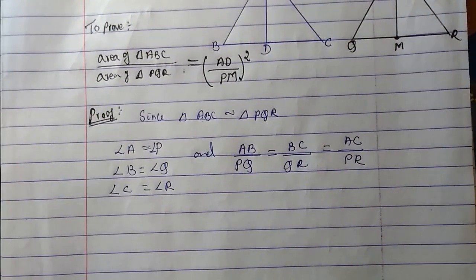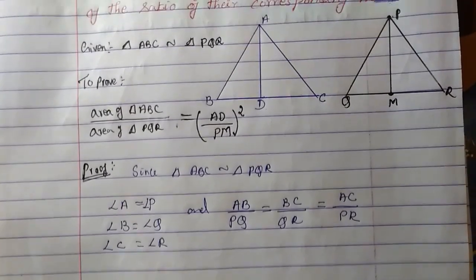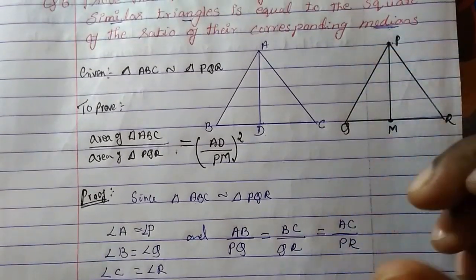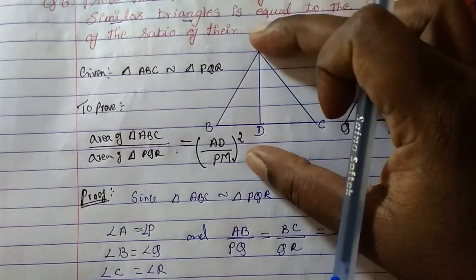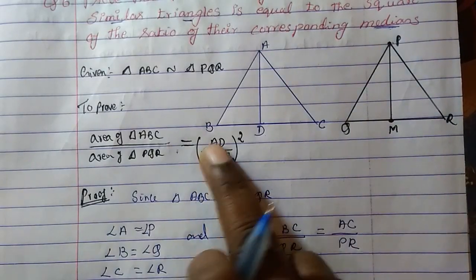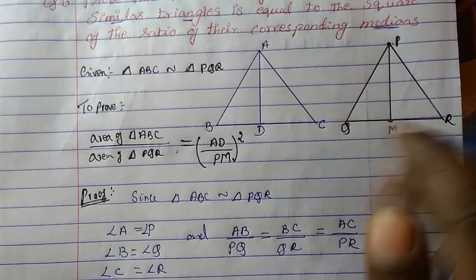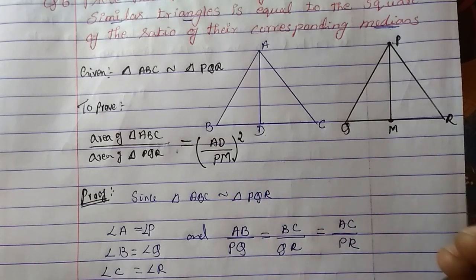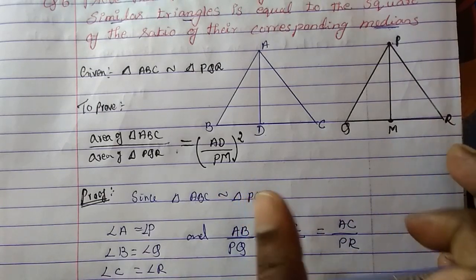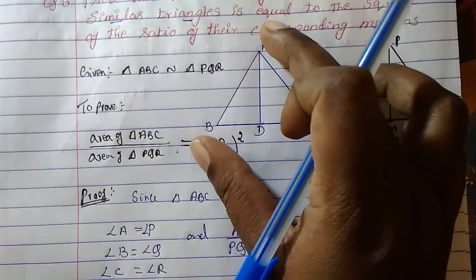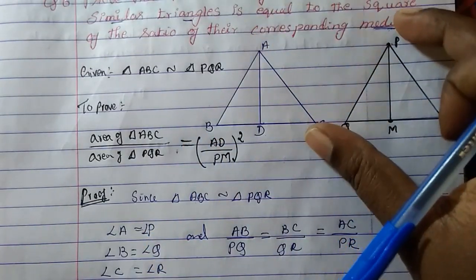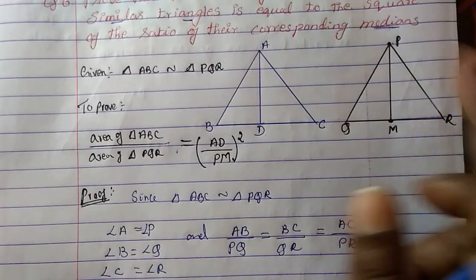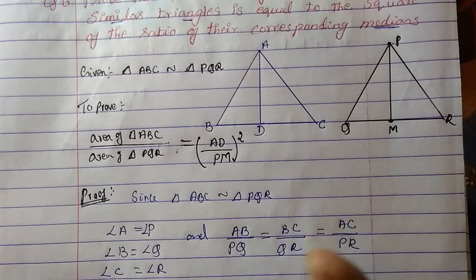Okay. So now let us see what we have to prove. We have to prove AD upon PM, the square of it. But we know that when two triangles are similar, the ratio of the corresponding sides, the square of it, is equal.